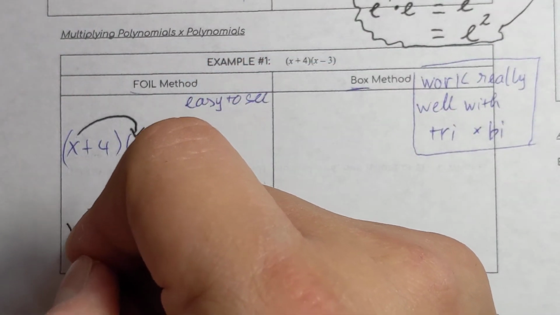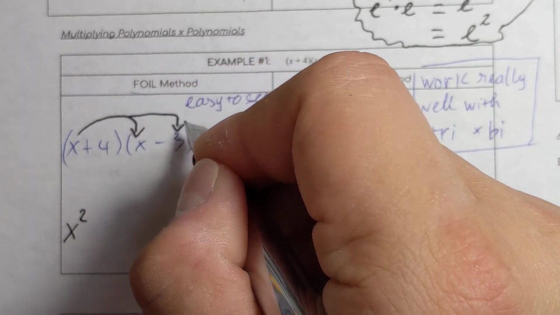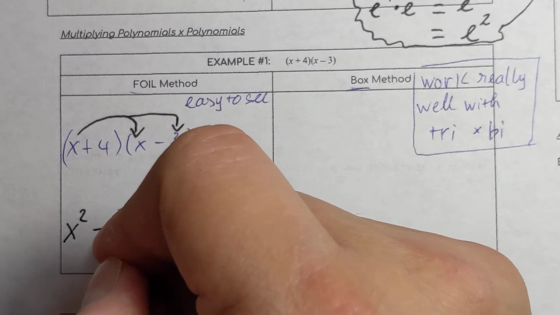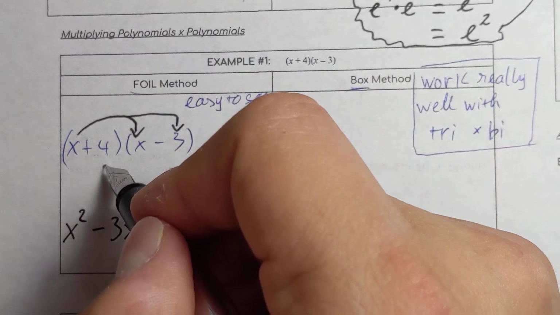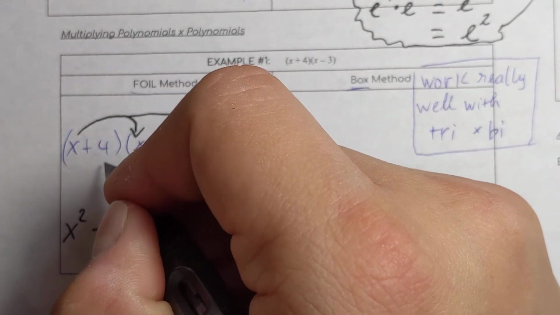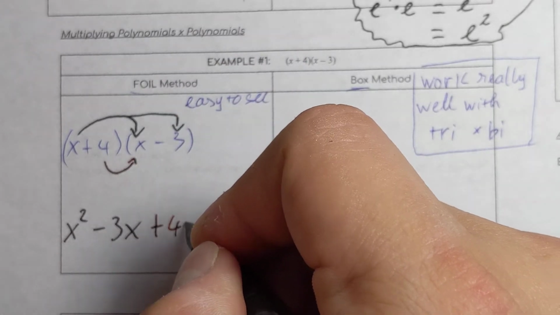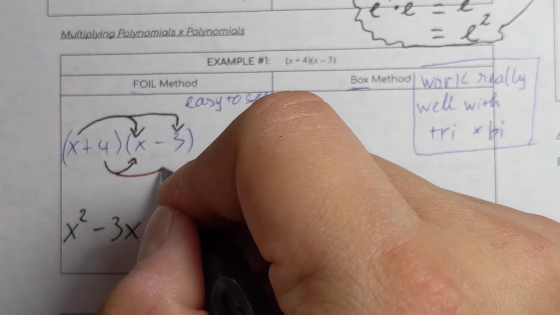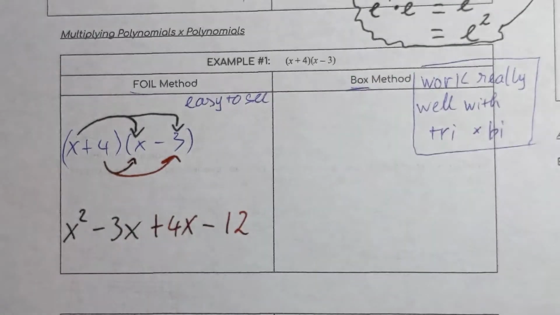X times x should give me x squared. Then from here out to the next one, x times negative 3, negative 3x. Then I start with this. 4 times x, 4x. 4 times negative 3, negative 12.